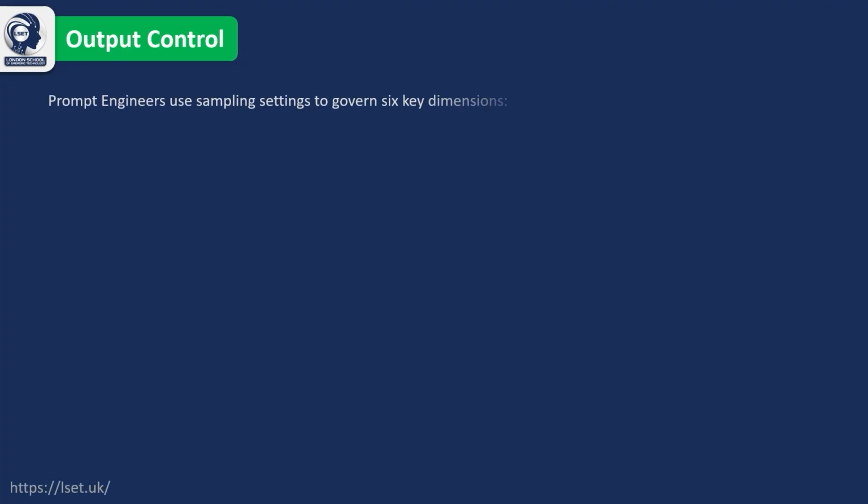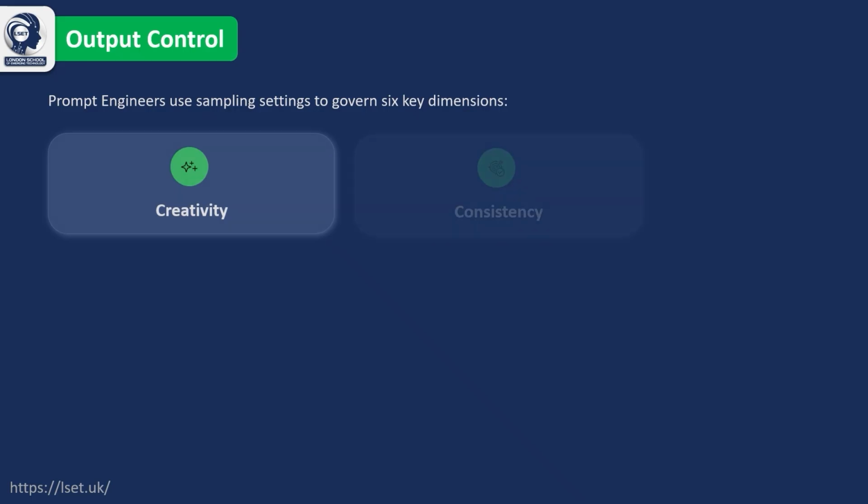By adjusting temperature and top P, prompt engineers can control several important aspects of an AI's output. These settings influence the creativity of the response, making it either more imaginative or more focused. They also improve consistency, ensuring the AI produces reliable results across similar prompts.